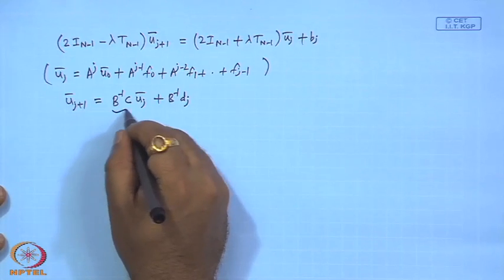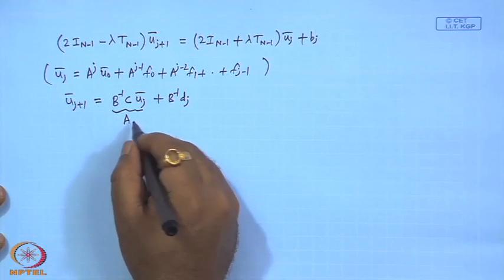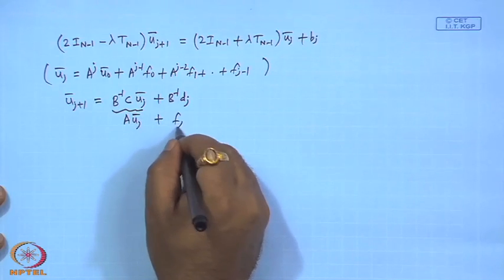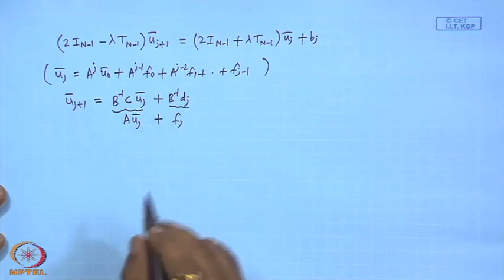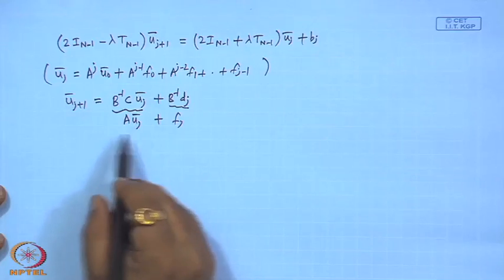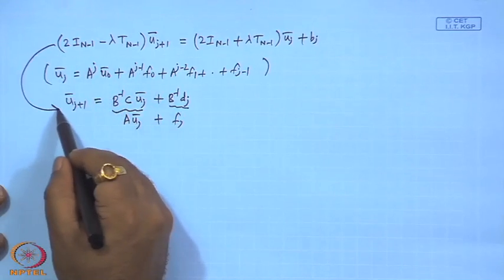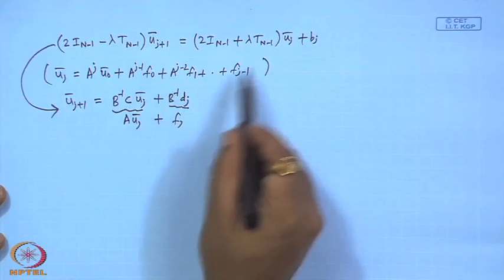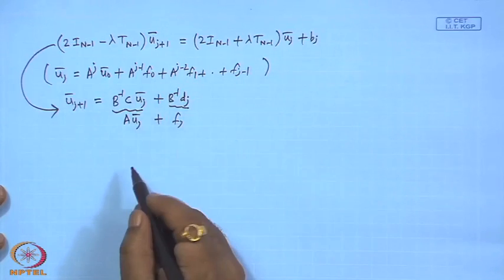So, this is a u j plus this is our f j. Okay. So, this can be first put in this form, then we iteratively expand.